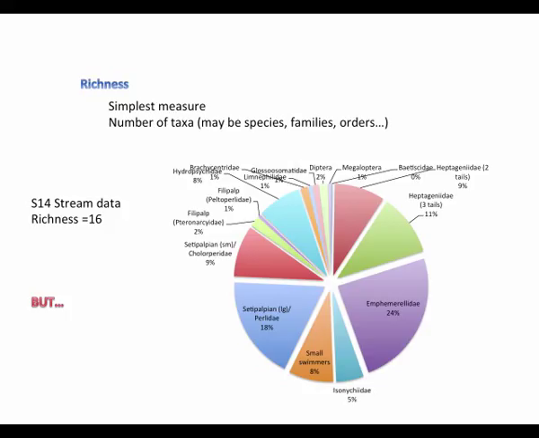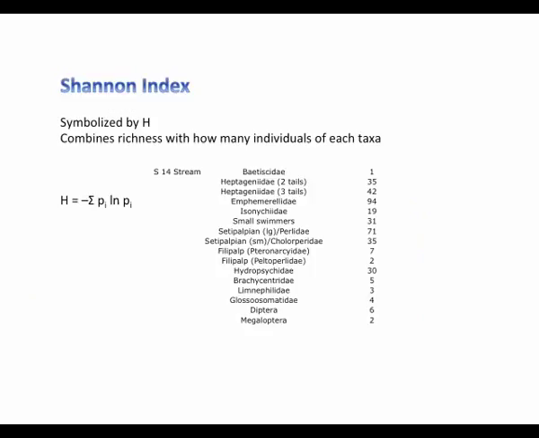For that reason, we suggest that you use something like the Shannon Index. The Shannon Index, which is symbolized by H, combines richness with how many individuals are in each taxa. So here's again the 2014 stream data in a slightly different format. The numbers represent the number of individuals caught out of all the samples.